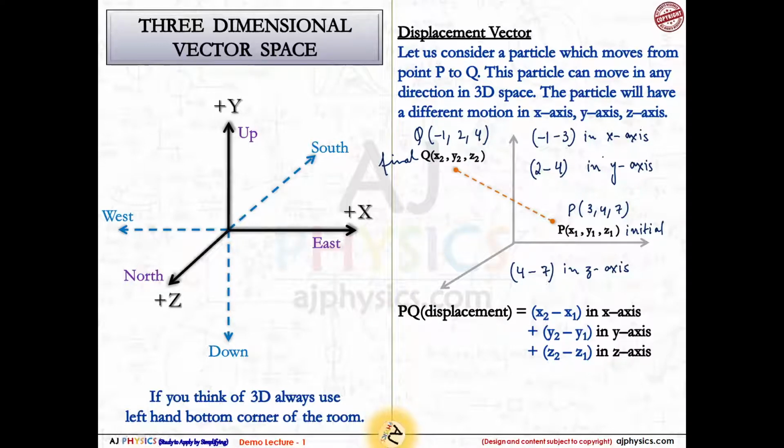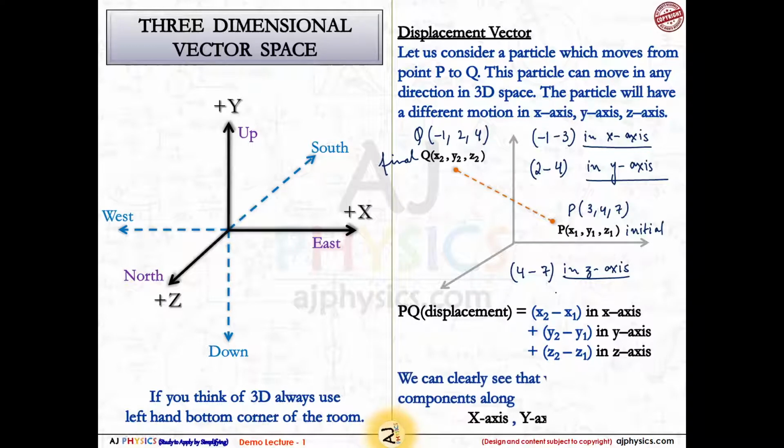Okay. Now the major thing is, instead of writing so much, like in the x-axis, in the y-axis, and in the z-axis, we have given some notation to these three axes. The x-axis is known as i cap, this is j cap, and the z is known as k cap. So the opposites will be minus i, minus j, and minus k cap. Fine. So if we have to write our answer, the displacement vector, how can we write this answer?